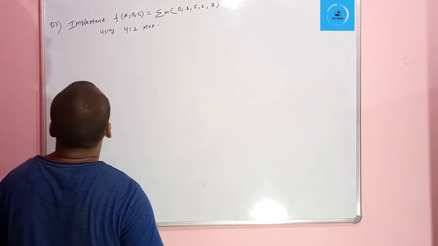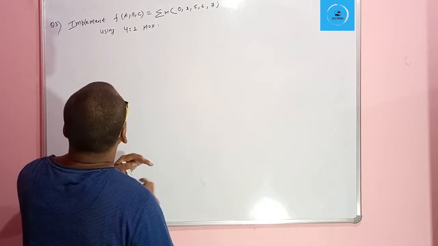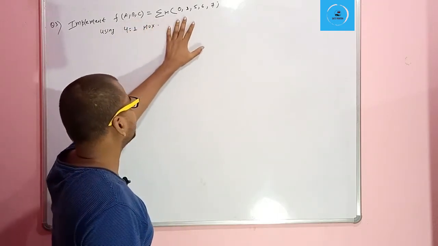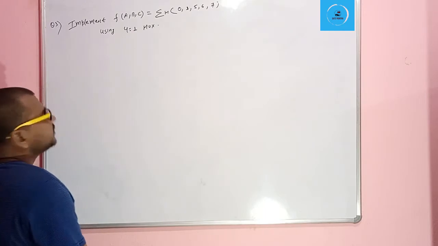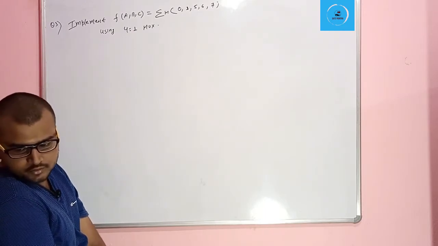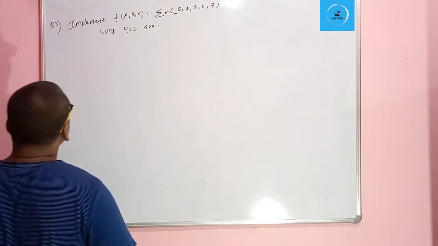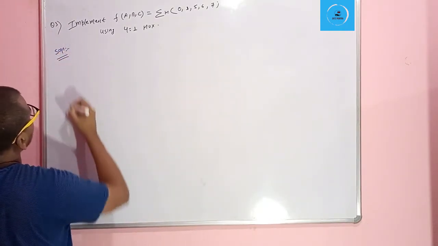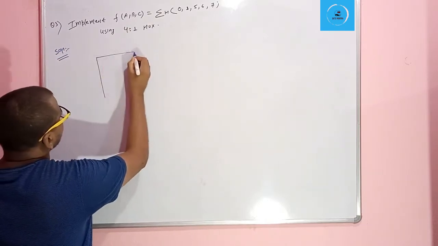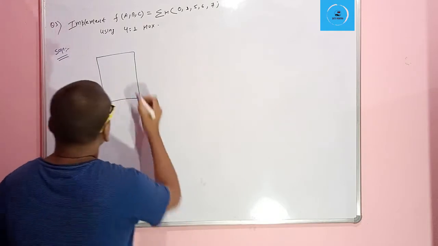In this question we are going to implement this function: f of a, b, c equal to summation of 0 1 5 6 7, using the 4 to 1 mux. We are going to solve this question. First we make the 4 to 1 mux.